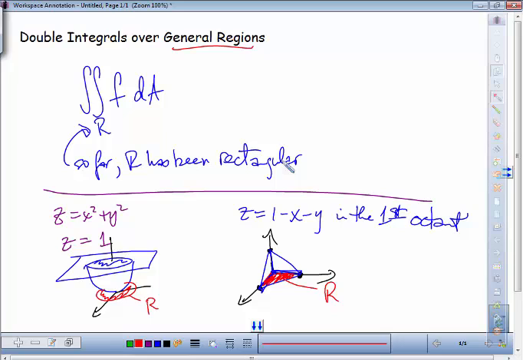So we're going to want to be able to find volumes of these things and a bunch of other things where we're integrating a double integral that's not over a rectangular region, but a more general region, whether it be triangular, circular, or any other shape we can come up with. Okay? So that's our task for today.